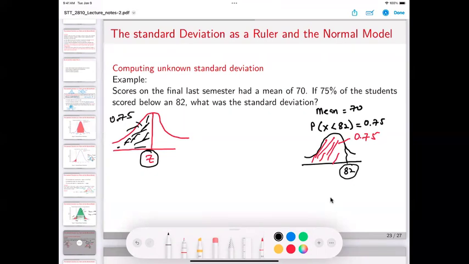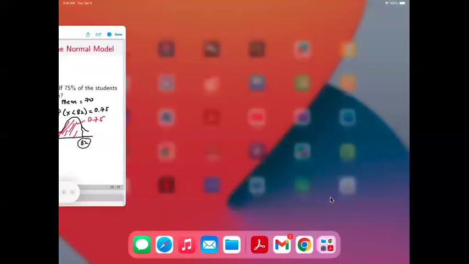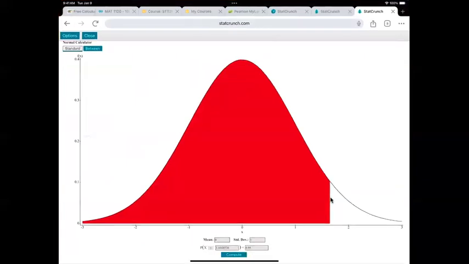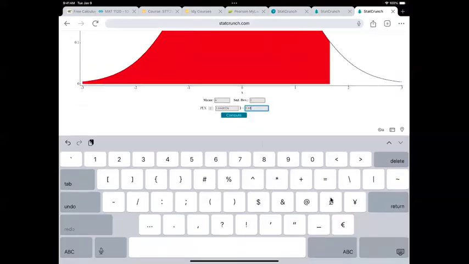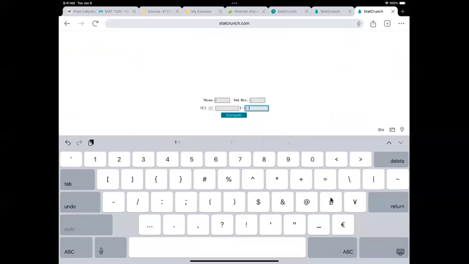Here we know X is 82. Okay. Now I want to find the Z value, the standard normal value. So let's go to StatCrunch and then you can do that. Make sure that your mean is 0, standard deviation is 1, and then change this area here to 0.75.